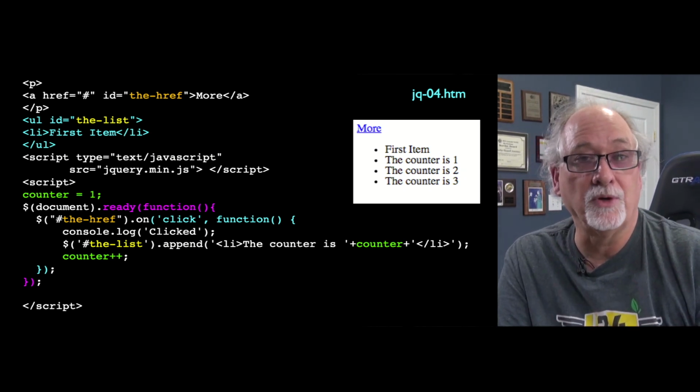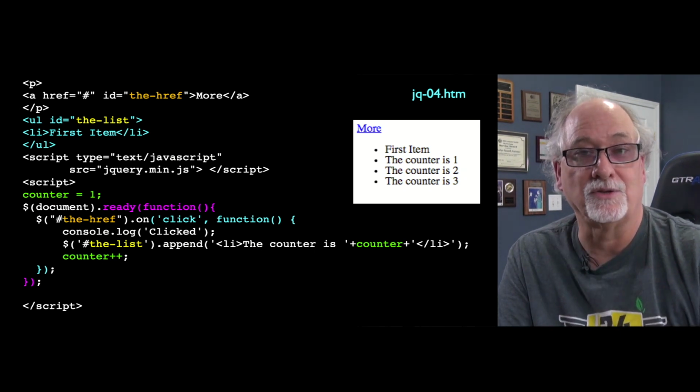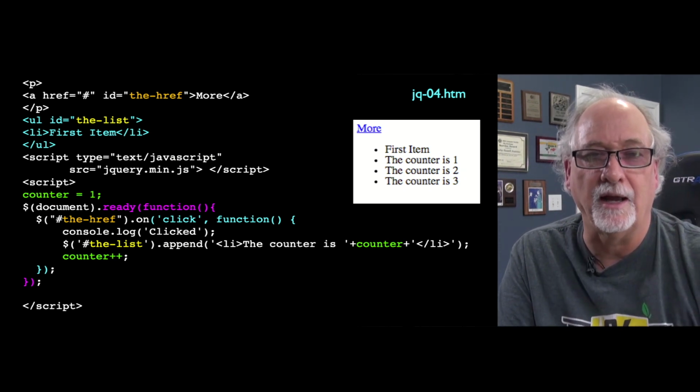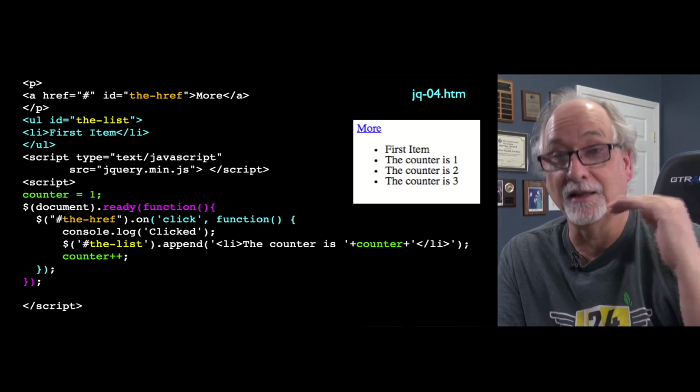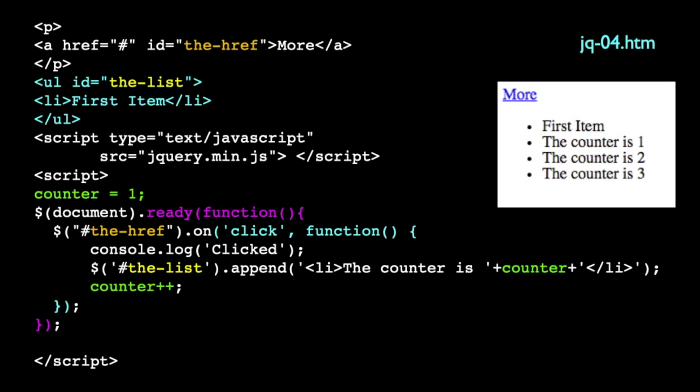You could click on the more, it would do nothing until the on click registration happened, which is like a blink of the eye after the page shows up. Okay? It's not a static thing, it's something that the code actually does. Meaning, if you had a syntax error on counter equals 1, this wouldn't register. But it does, and we have counter equals 1.